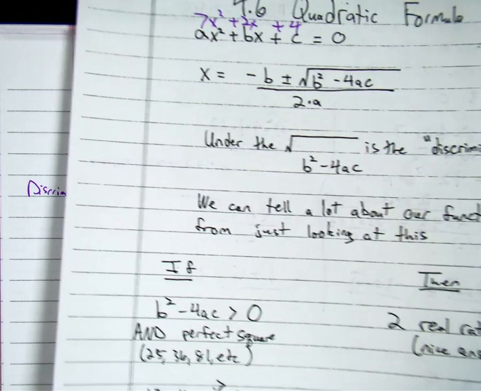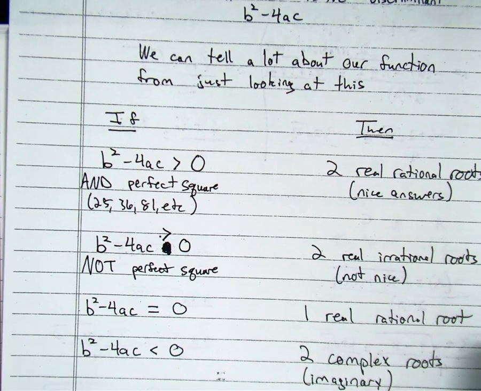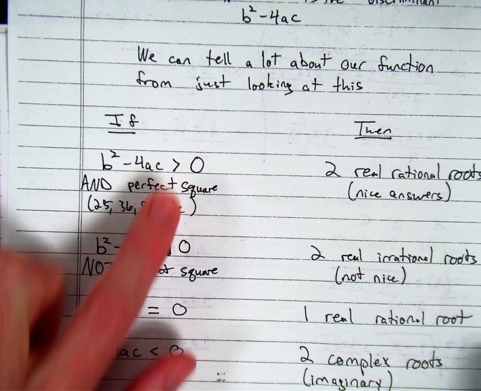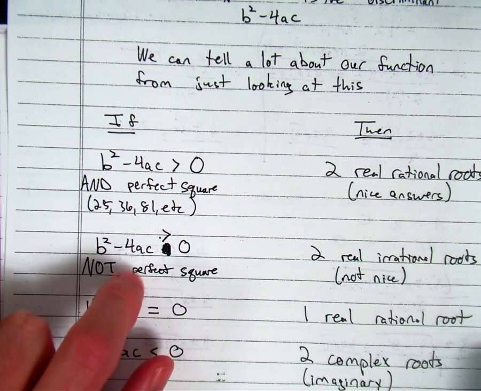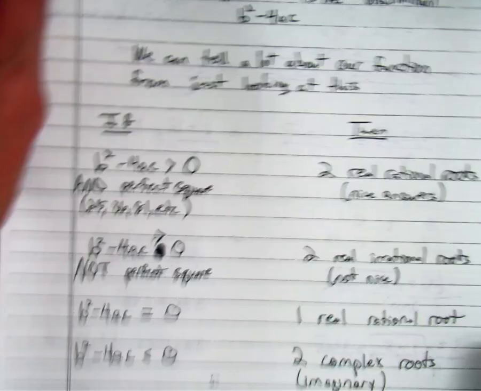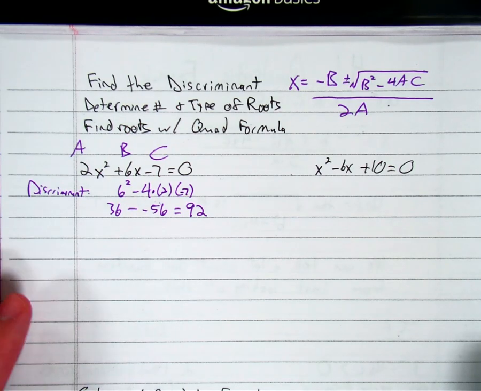Okay, if we flip that over, what's 92 going to do for us? 92 is greater than 0 and not a perfect square. So we're expecting two real irrational roots, meaning we'll probably have a square root left over at the end.